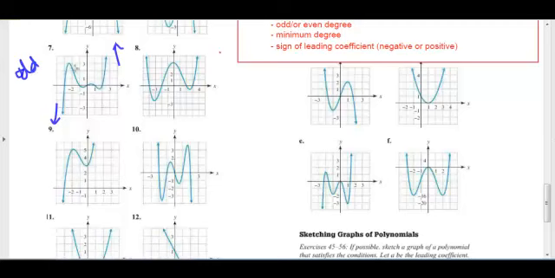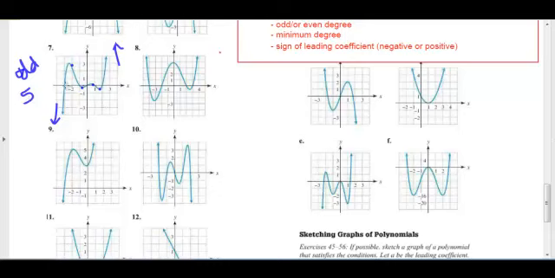The number of turning points are 1, 2, 3, or 4. The number of turning points is n minus 1. It's 1 less than the degree, so there are 4 turning points. So an odd degree that would be more than the turning points would be a 5th degree. And we look at the roots.